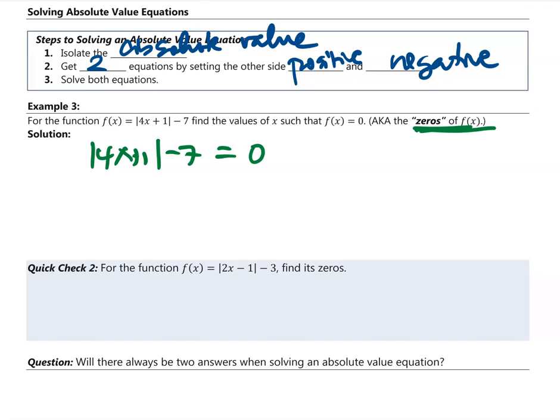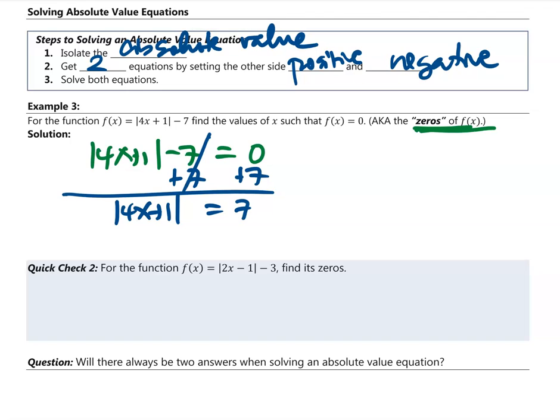Finding the zeros, first step, isolate the absolute value, meaning we add 7 to both sides. So the absolute value of 4x plus 1 equals 7.